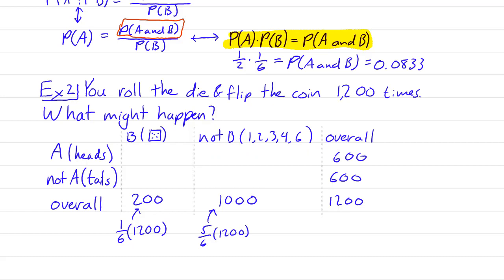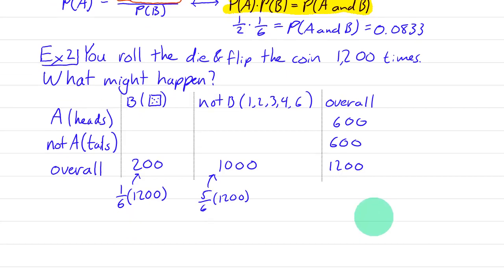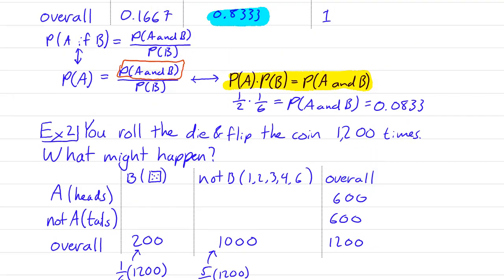Okay, so that's that. Now, if there's no association between these two categorical variables, so the categorical variables are the result of the coin flip, and the other categorical variable is the result of the die roll. Now, because there's no association here, or in other words, they are independent, we can use this formula.